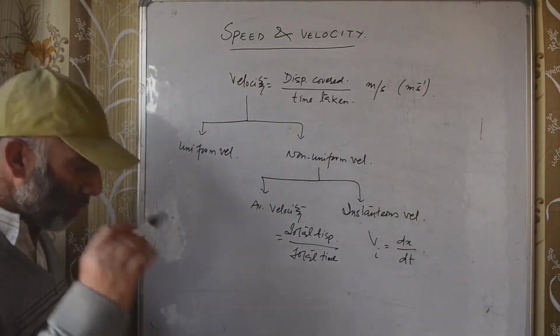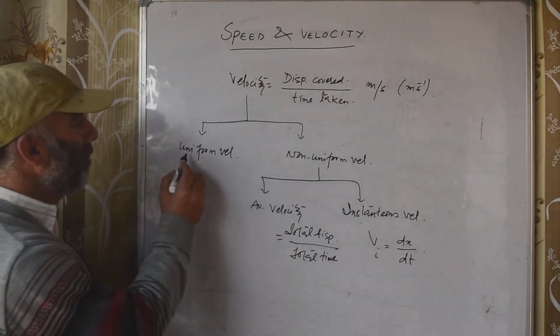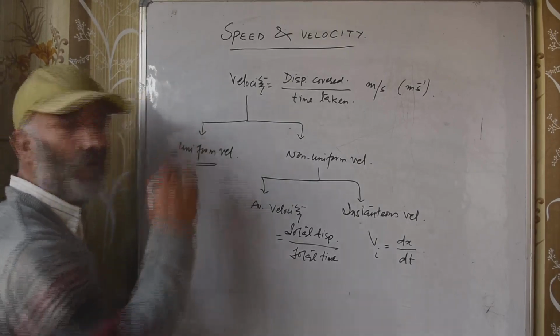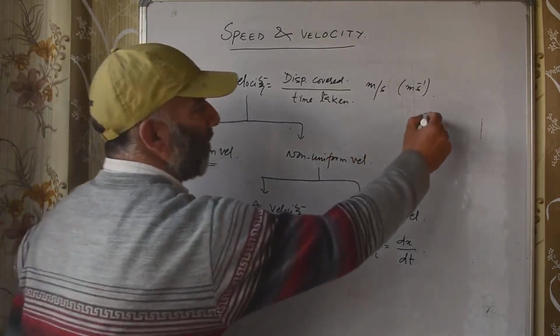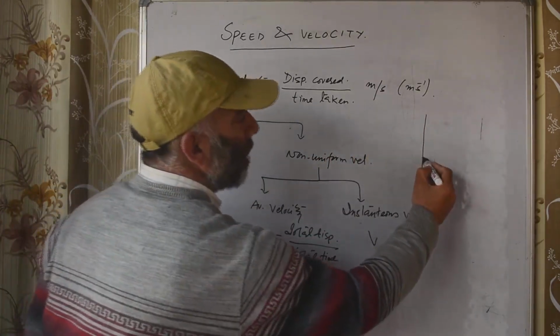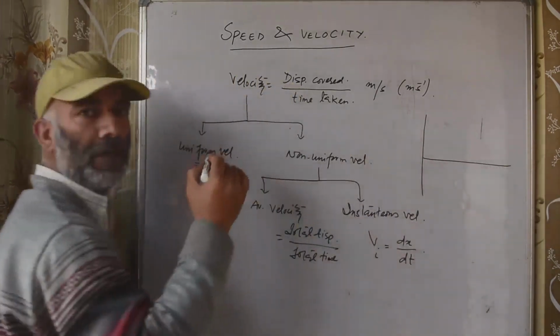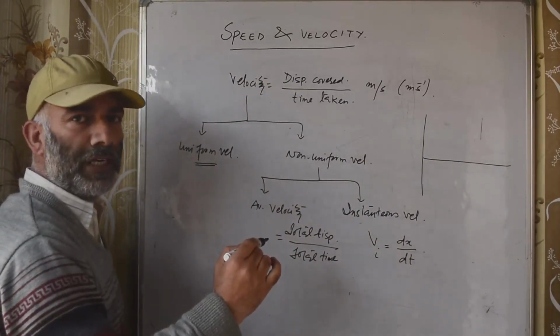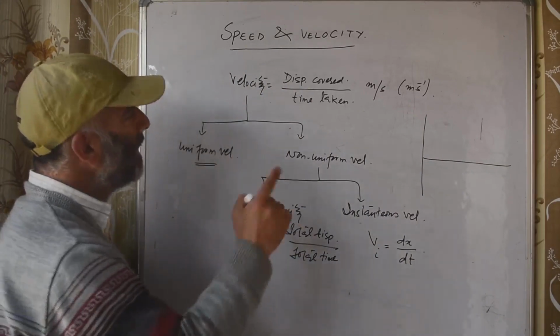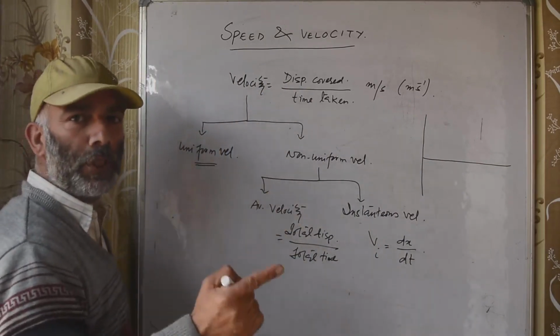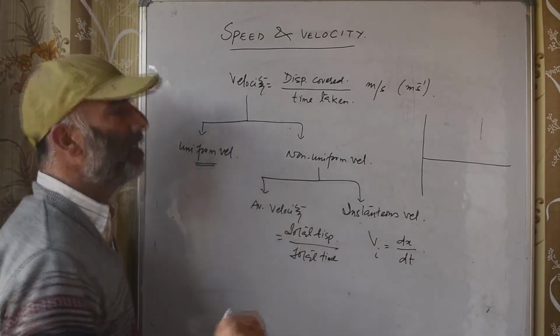Now the question is, my students, if the body is moving with uniform velocity, what will be the velocity time graph? In my previous lecture, I was talking about the speed. Speed of an object can be positive, while velocity of the object can be positive, negative, or zero.